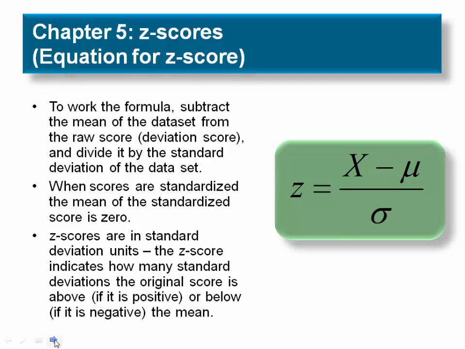The numerator of the equation is the deviation score. You remember that you learned that term in Chapter 4, and I said that you would hear that term referenced again. It measures the distance in points between x and mu and indicates whether x is located above or below the mean.